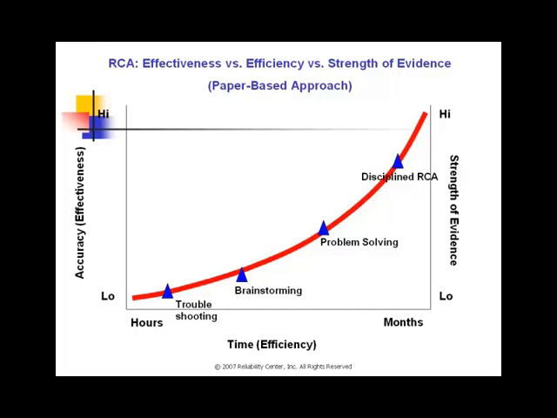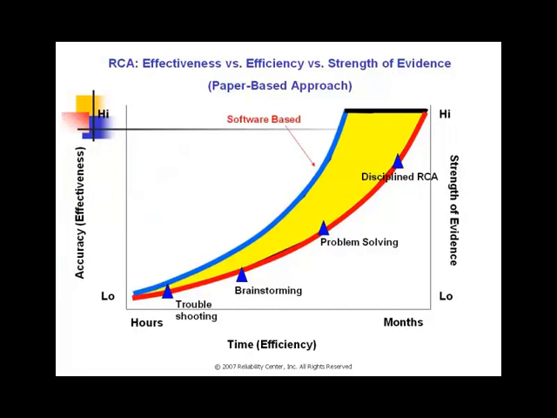So we should just realize that. And again, if we look at the software aspects of this, the software is an efficiency tool. It's a tool that will help you organize and administer the data within the analysis so that it is easier to document and easier to communicate with others. Therefore, from an efficiency standpoint, it's more time effective.